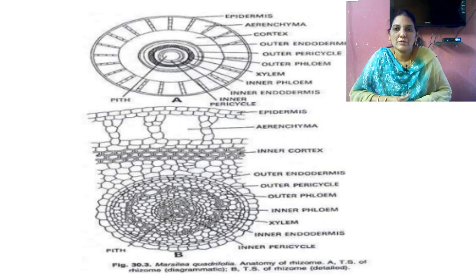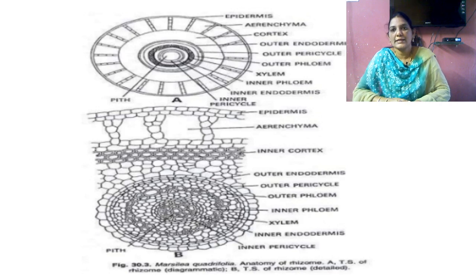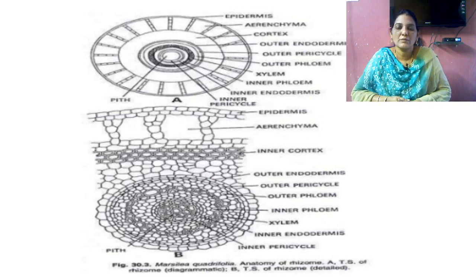This is the hydrophytic character of the parenchyma tissue present in the internal structure of the stem. It helps the water plant to float on the water.